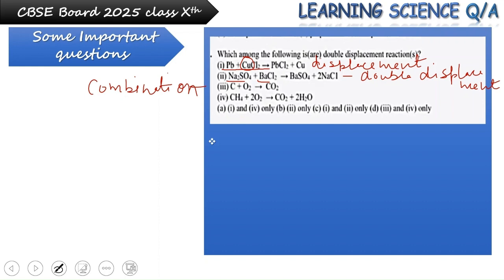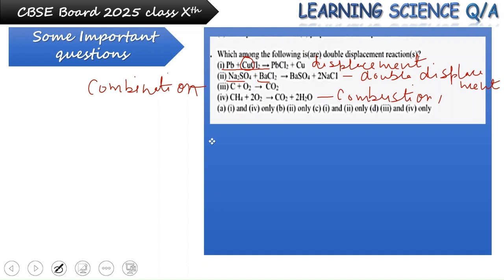The next reaction is methane, or CH4, reacting with oxygen forming CO2 and 2H2O. So students, if you remember, this is a reaction showing combustion of methane. So this can be an oxidation reaction but this is not a displacement reaction.